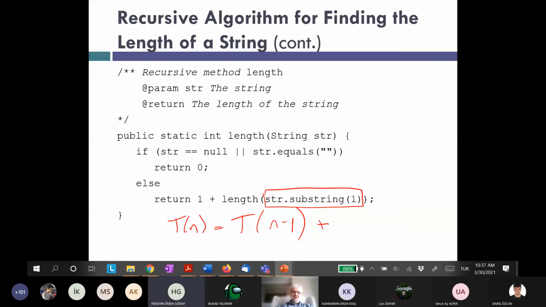No, I'm just talking about taking a substring just once. I have a string and I'm creating a substring of that string in this call, not the recursive call. I have to calculate a substring starting from the first position. How long does it take? Constant time? Why?